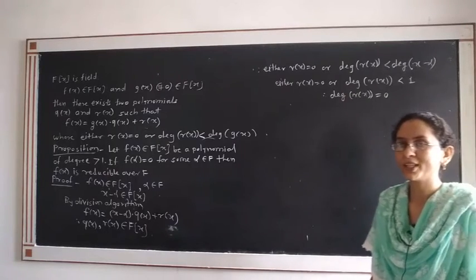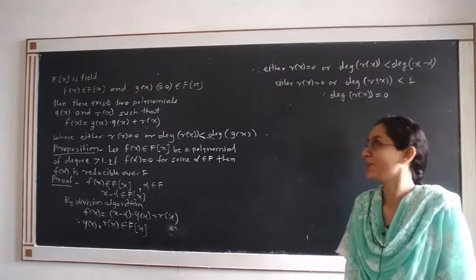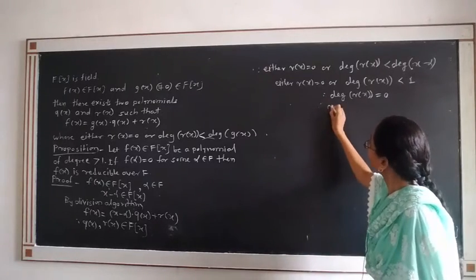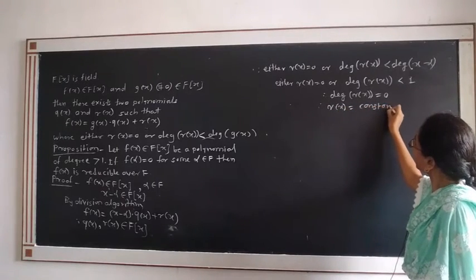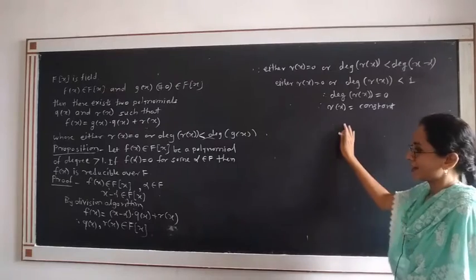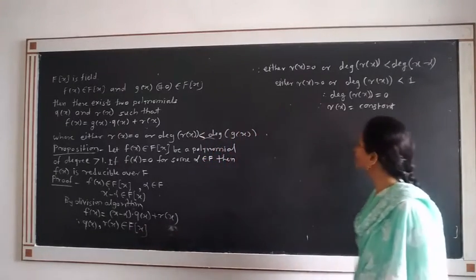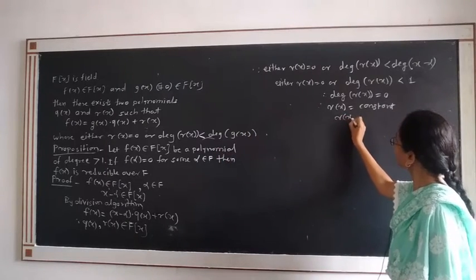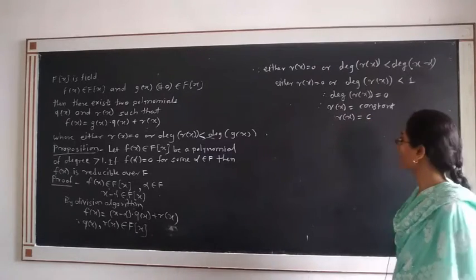What is the meaning of 0 degree polynomial? It must be a constant polynomial. Degree 0 polynomial is always a constant polynomial. Therefore, r(x) is equal to a constant. And r(x) is from which field? r(x) is from F[x]. Therefore, r(x) must be a constant, say it is c, where c is a constant number.